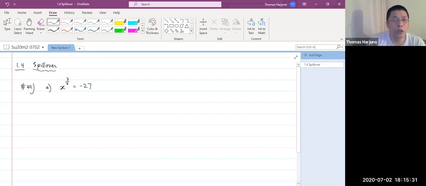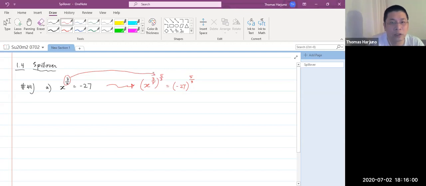We can do it this way for this question, but the following method is a bit too fast, and in some cases, you will see later on, it brings us to some problematic solutions. So I take the reciprocal of the exponent and bring the equation to the power of the reciprocal.